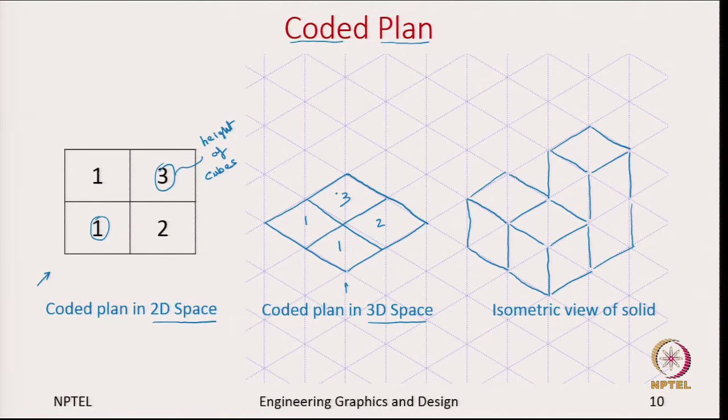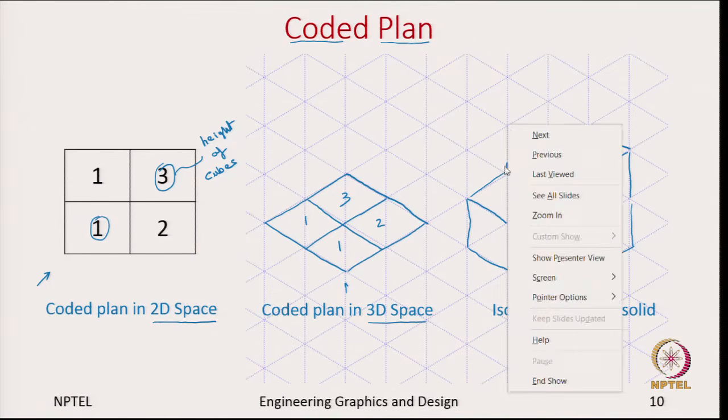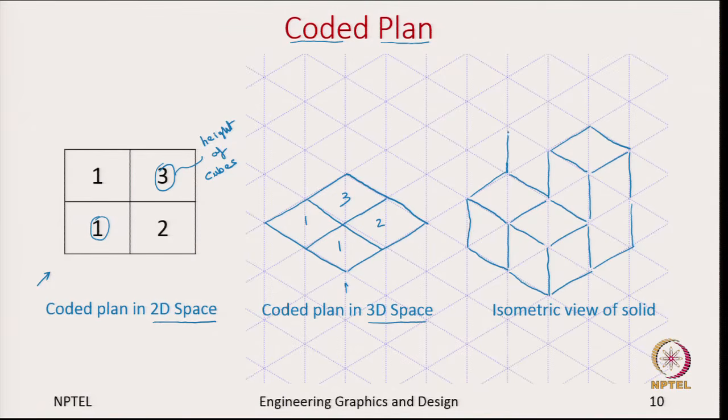And at the end we have this cube of 3 cubes stacked on top of each other. So, since we already have one height here, I will draw 2 more. Okay. So, here we have this object.